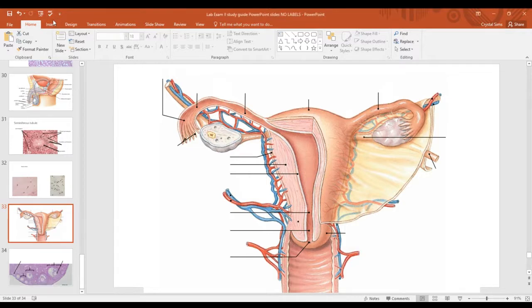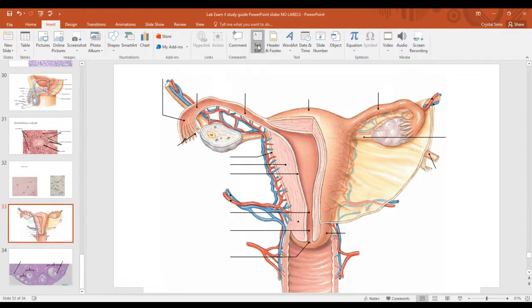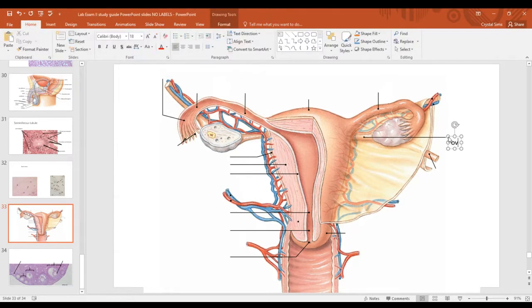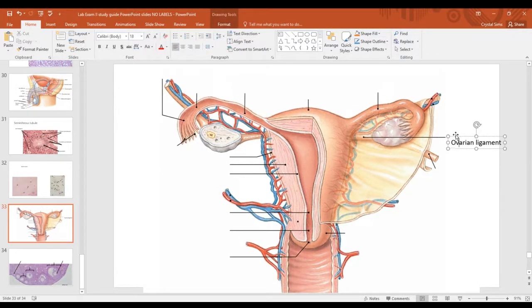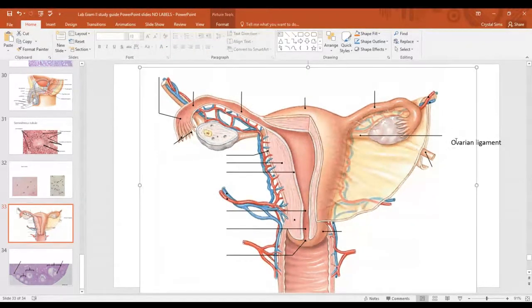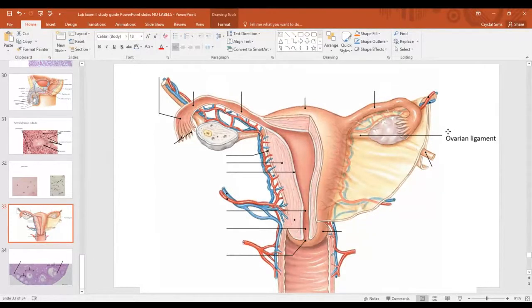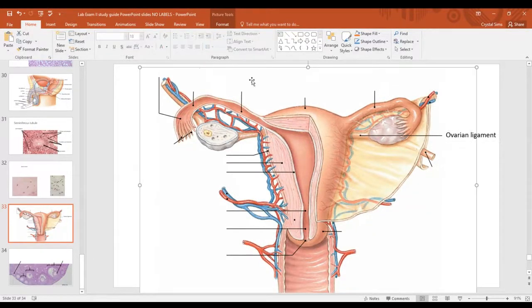And then finally, as I look toward the lumen, I can actually see my spermatids. When you're looking at this structure on your test, you have to determine where you are in relation to the lumen.